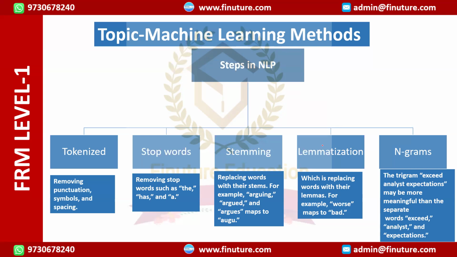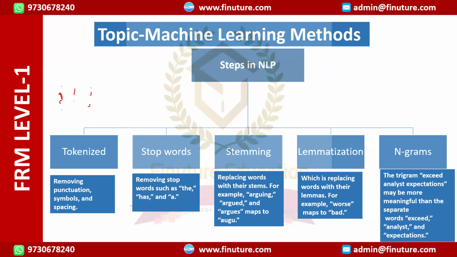When I say punctuation, I mean things like the full stop, question marks, exclamatory signs, semicolons, commas, etc. We remove those because they do not add any value to the text. We also remove any symbols like hash, etc. And spaces, like basically removal of spaces, punctuation and symbols is tokenization.